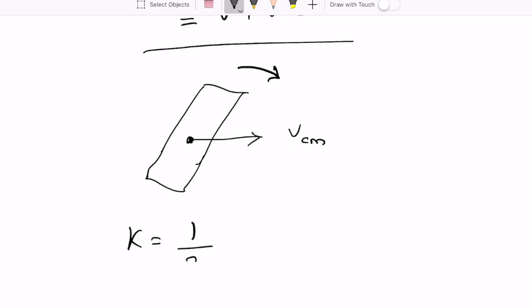The kinetic energy would be K equals half M VCM squared plus a half I omega squared. What is this I? The I is the moment of inertia of the object relative to its center of mass, so half ICM omega squared. And omega is the angular velocity with which the object is rotating about its center of mass.